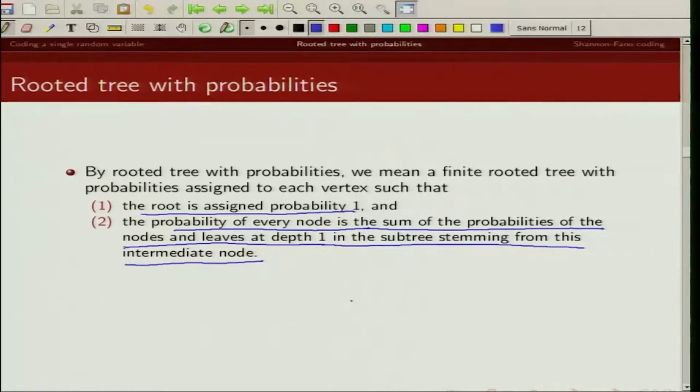So consider a binary tree. This is a root node, and it will have probability 1.